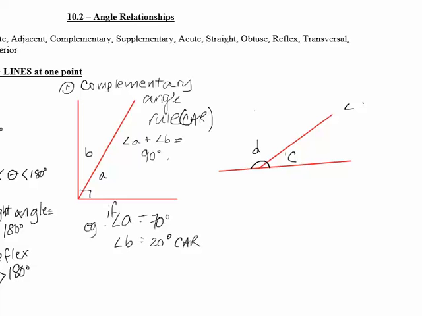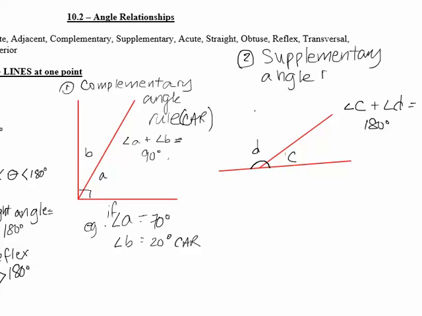So we can predict that angle C plus angle D now adds up to 180 degrees because it's a straight line. We call this theorem, or this rule, the straight angle rule, or the supplementary angle rule, or conveniently in English, straight angle rule also works because they both start with the letter S. And so this is abbreviated SAR.